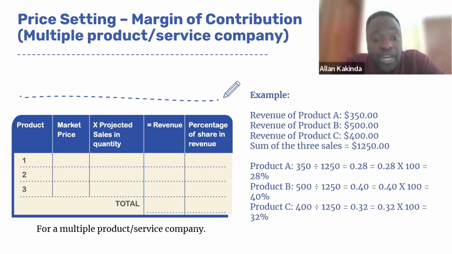If you have multiple products, for example, you have 3 products, you would state the product, the market price, the projected sales in that quantity, and then you can compute the revenue each of these products is going to get. Then you'd have to add up that total revenue.